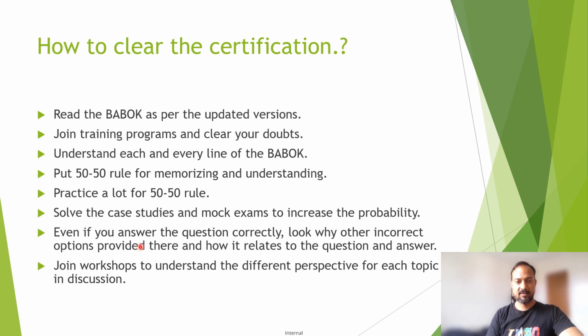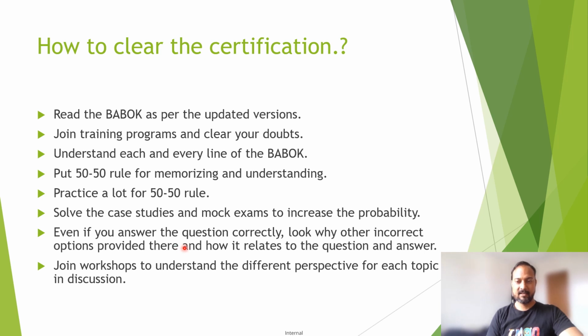Even if you answer the question correctly, look at why the other incorrect options are provided there and how they relate to the question and the answer. It happens sometimes that you attempt the questions, you get it correct, but you just skip that and go directly to the question that is incorrect.